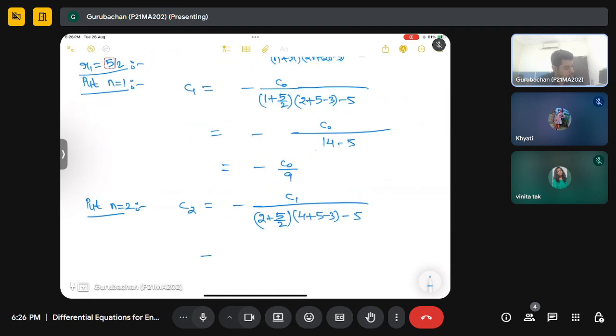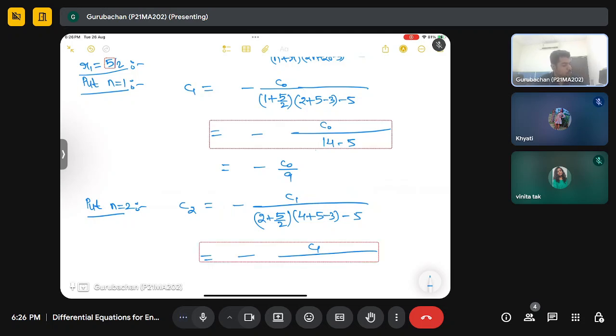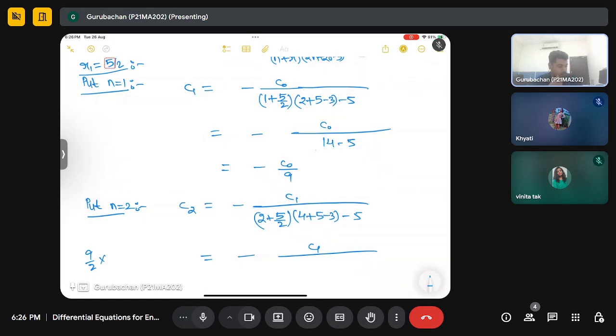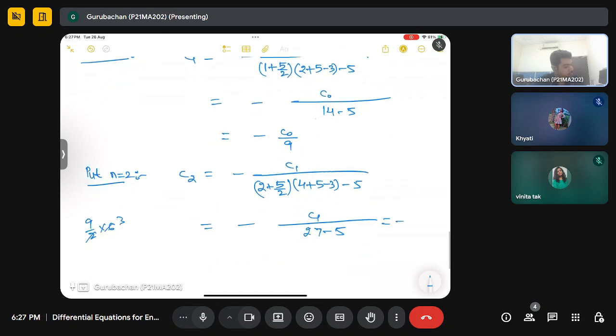So this will give you minus C1 divided by 9 by 2 into, this is 5 plus 4, 9 minus 3 is 6. So this will give you 27 minus 5, that is minus C1 divided by 22. And since C1 is nothing but minus C0 divided by 9, it will become positive. So it will give you this much.